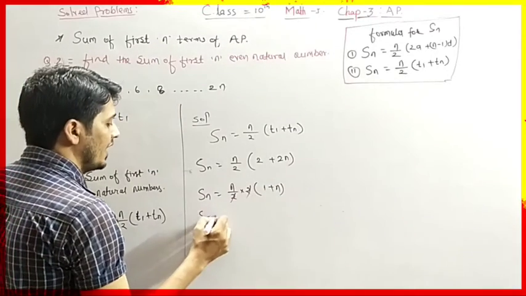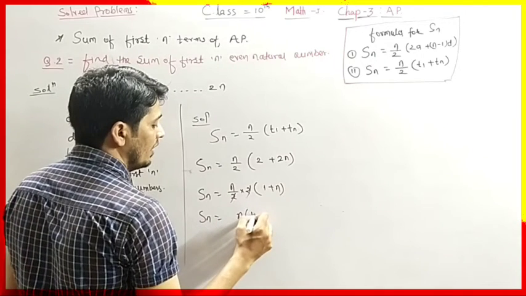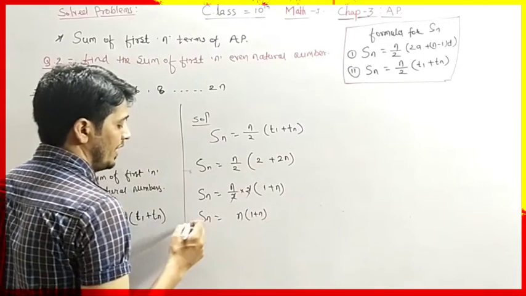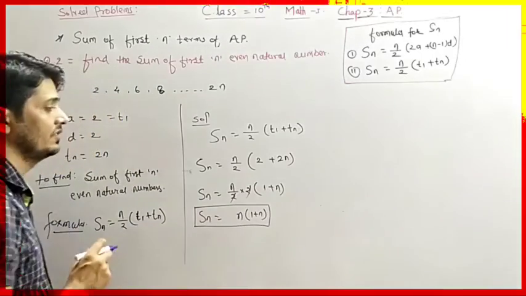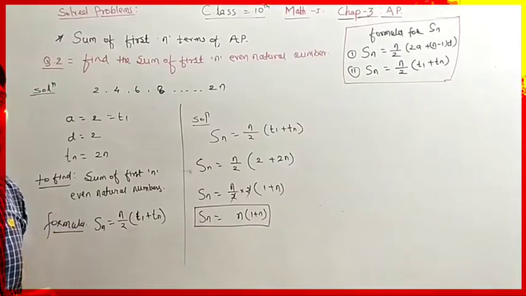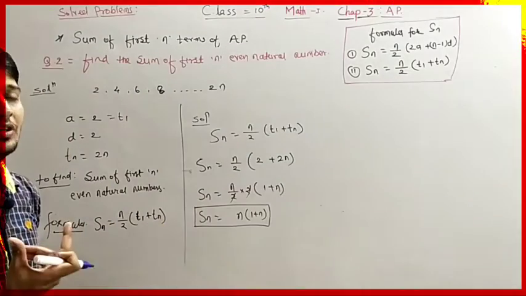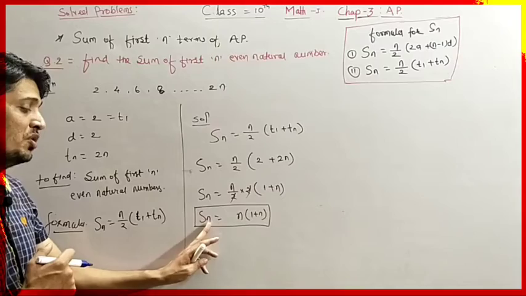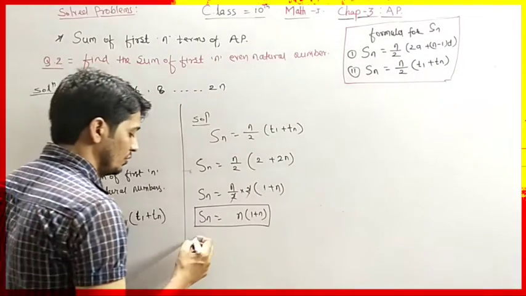So Sn equals n into 1 plus n. Okay, so this is the answer, the sum of the first n even natural numbers. If you have to calculate for 20 natural numbers, you just put 20 here, so you will get the answer. Okay, so we have to write the result.